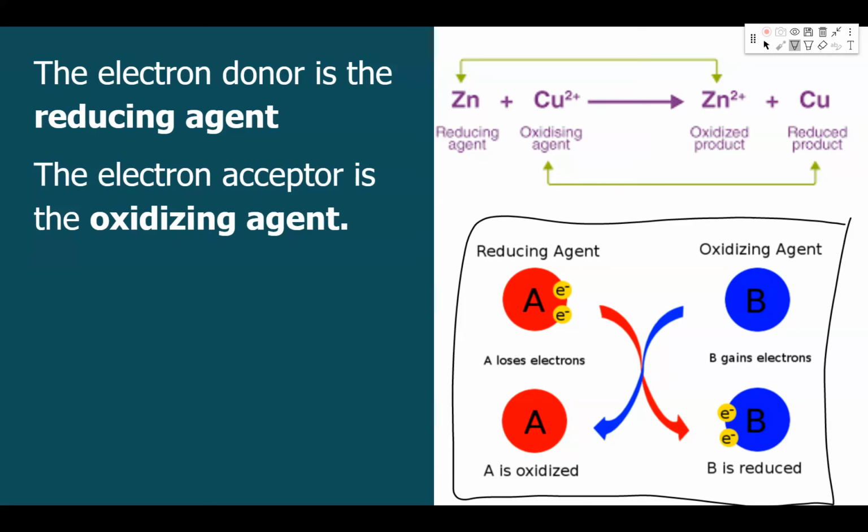A is going to lose electrons, and you will see electrons abbreviated as E minus. B is going to gain electrons.